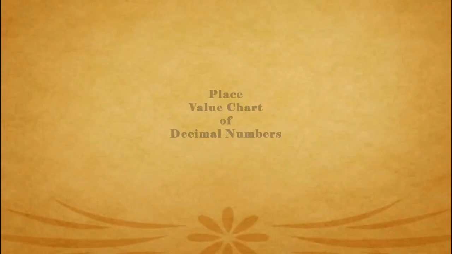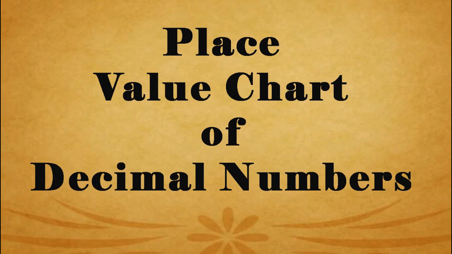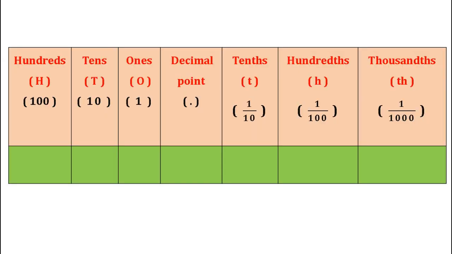Now let us learn how to represent a decimal number on a place value chart. So for that, let us first know how a place value chart of a decimal number looks like. Starting from the left, we have the hundreds, tens and ones place, which is to the left of the decimal point.